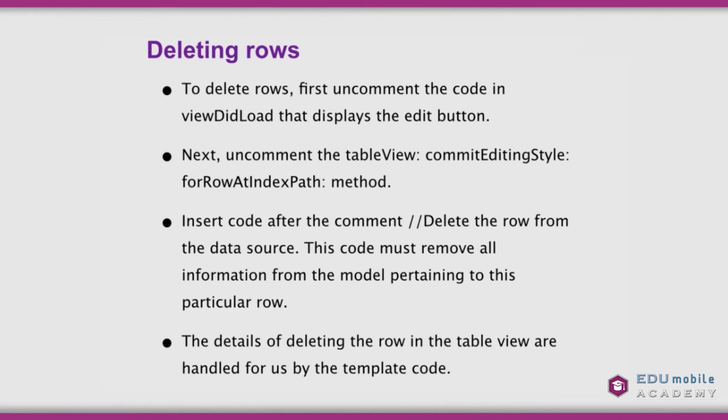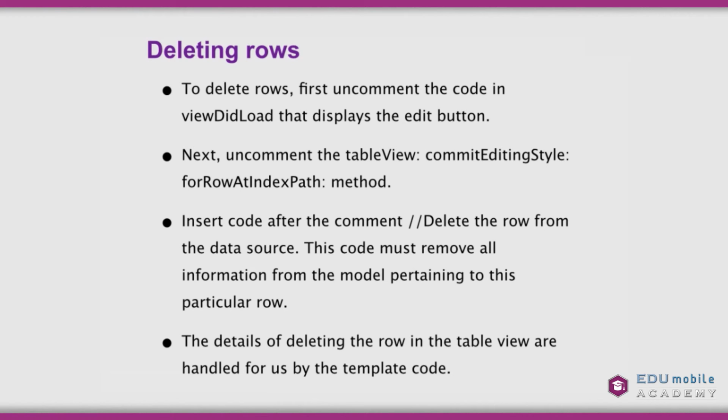The next thing we need to do is uncomment the entire tableView commit editingStyle forRowAt indexPath method. Now, this method has two parts. We're looking at the first part of the method. We need to insert code after the particular comment that says delete the row from the data source. Now this comment is telling us that we need to actually delete the row from the data source.